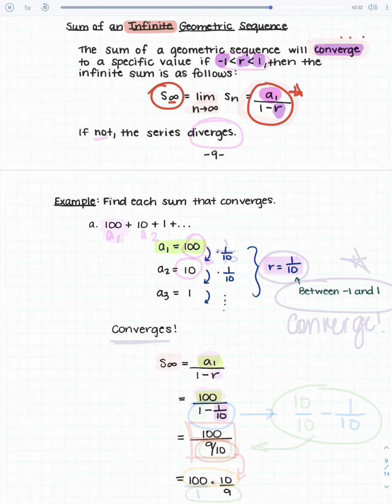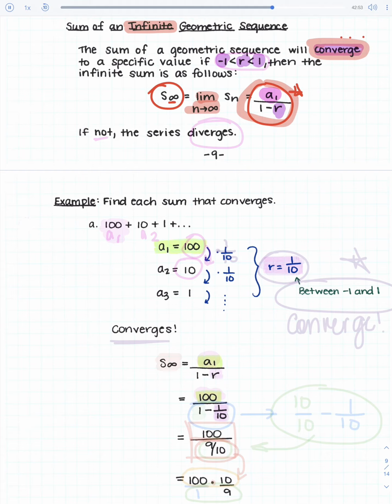That is what this LIM thing means. It stands for limit. If you take a calculus course, you'll see this more. And again, the idea is as you plug in bigger and bigger and bigger numbers, you get closer and closer to a specific number. That's what it means for something to converge.